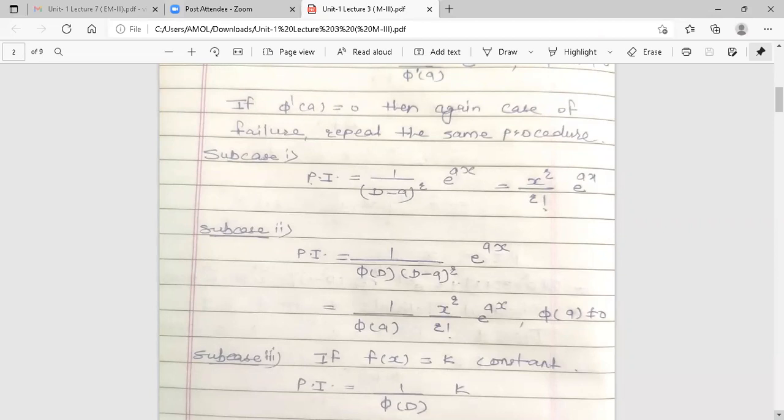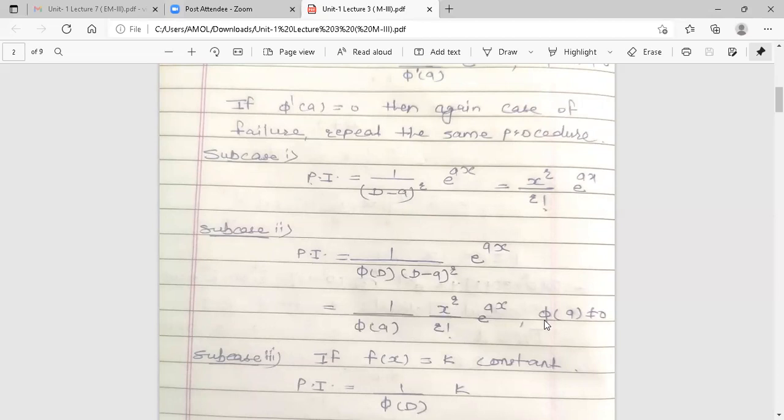You first replace D by a in psi of D, and then the formula for 1 upon D minus a to the power r into e to the power ax is same as subcase 1. Solve this term by the subcase 1 result. So your PI will be 1 upon psi of a into x raised to r upon r factorial into e to the power ax.